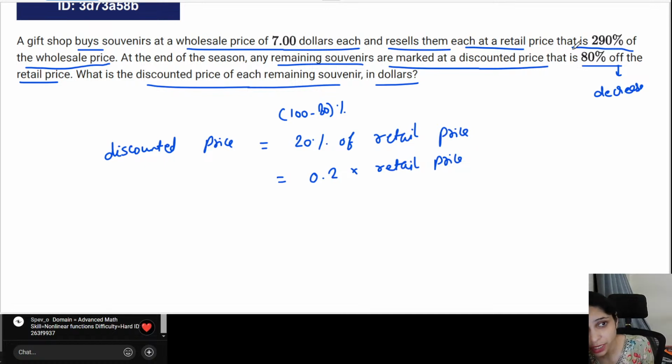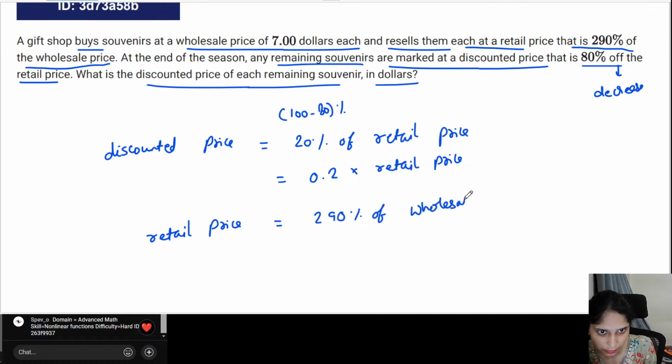Now, what do we know about retail price? Because unless I have my retail price, I can't find my discounted price. Retail price is 290% of wholesale price. That means 2.9 times wholesale price is 7.